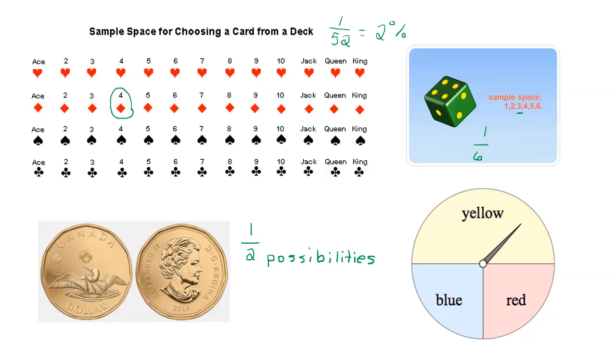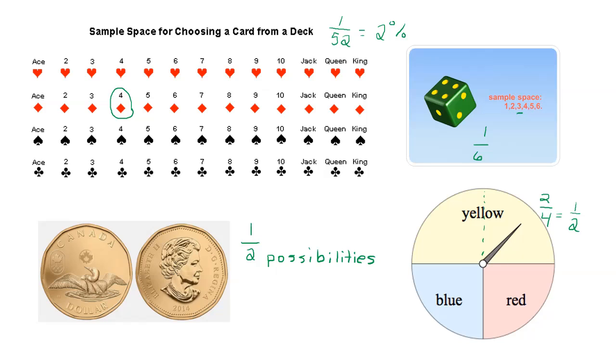Okay, let's look at our spinner. The yellow side is bigger than all the rest. So if you were to draw a dotted line there, you can say that the yellow section takes up 2 out of 4. And if we reduce that, we know that 2 out of 4 means half, and we can tell that the yellow is covering half of the spinner.